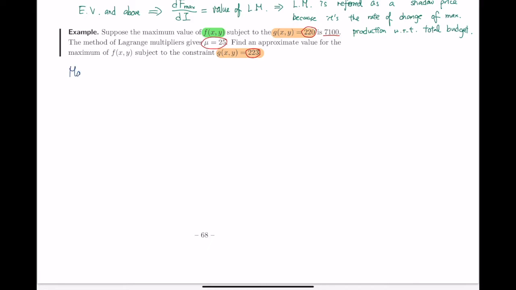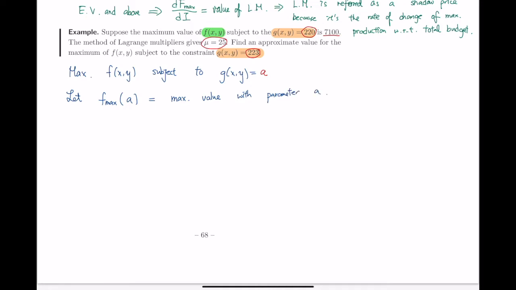We want to maximize the function f(x,y) subject to g(x,y) equals a parameter a. For different a, you get a different maximum value. So we also let F* that depends on a be the maximum value with parameter a.